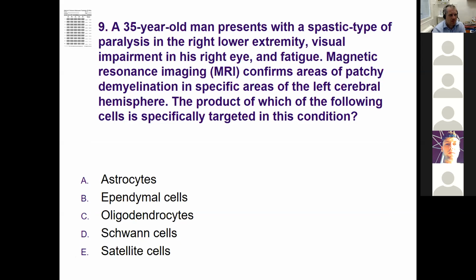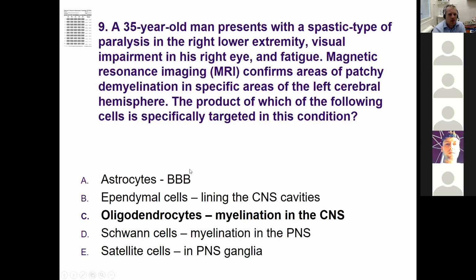Okay, I can see most of the students have already voted. So it's the oligodendrocytes, yeah? I can see some students believe it's Schwann cells, but you know that it's in the brain. Is the brain hemisphere mentioned here. So Schwann cells are also producing myelin, but in the peripheral nervous system.